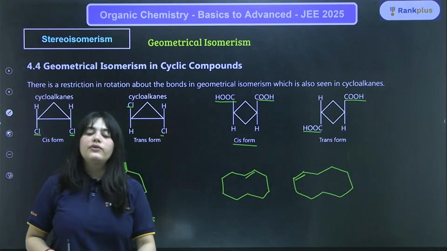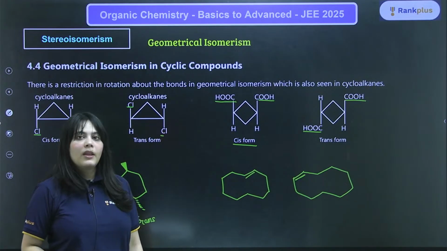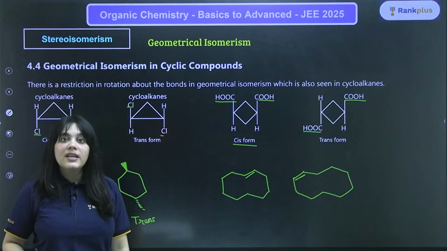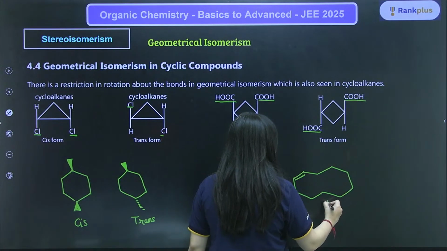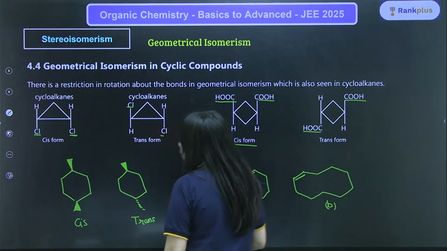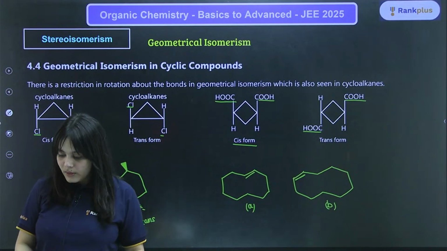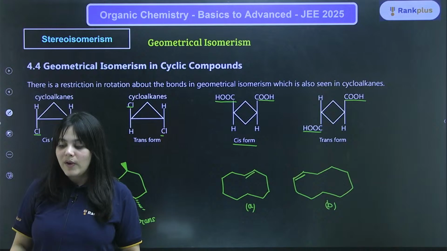So which is the cis form and which is the trans form over here? We just discussed it. So let me name this as A, and this as B. Which one is the cis form and which one is the trans form?